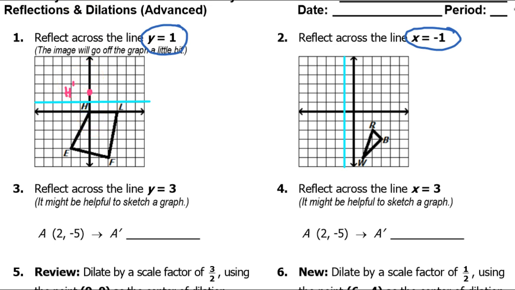If I'm going to do my point E, this is 1, 2, 3, 4, 5 units below the blue line. So I'm going to go 5 units above the blue line, and that's going to be E prime.